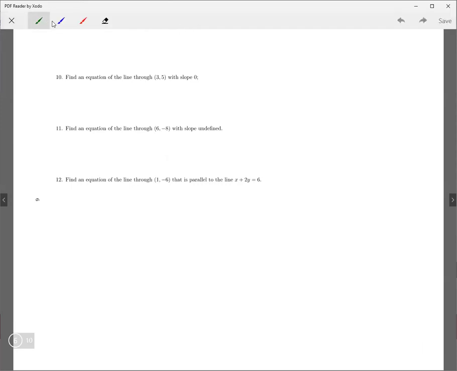Okay, slope 0 means it is a horizontal line, and so you just take the y component, and set y equal to it, and that's your equation right there. Undefined means vertical line. So you take x and set it equal to the x component. Okay.